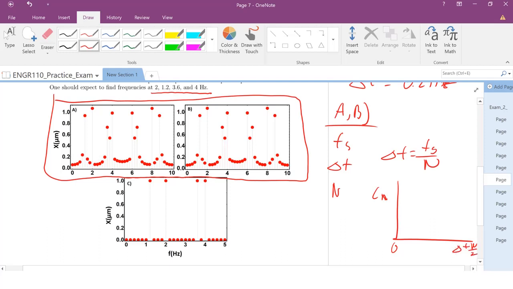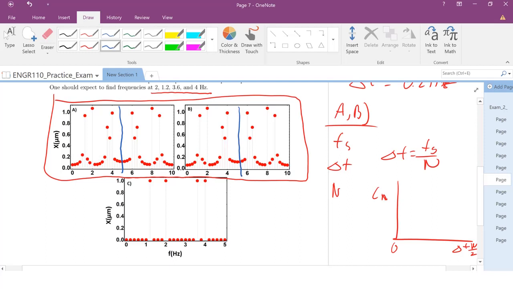So we shouldn't see any mirror symmetry here to our Nyquist frequency. But you'll see here, both of these are symmetric around the middle. It's a mirror image of one another.